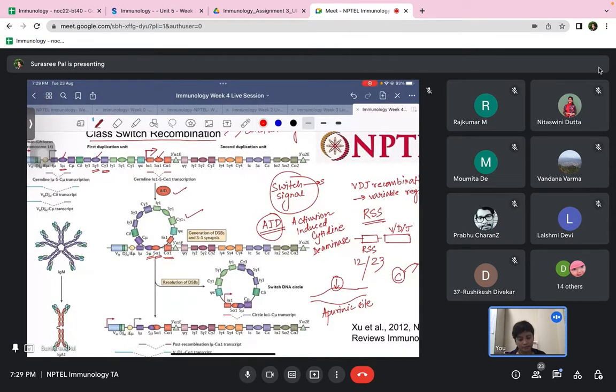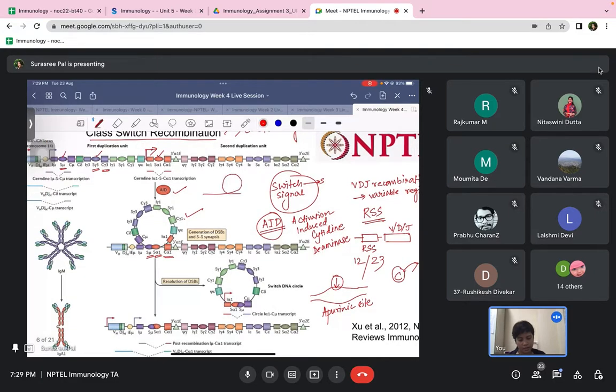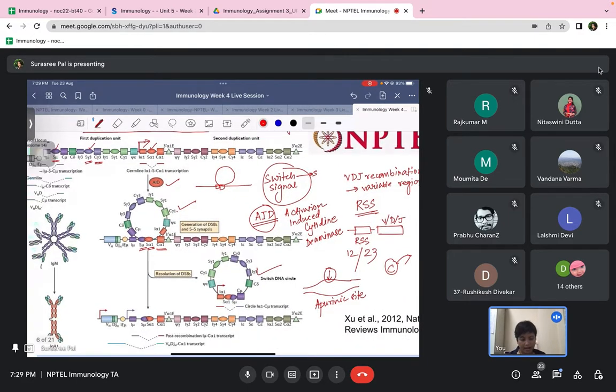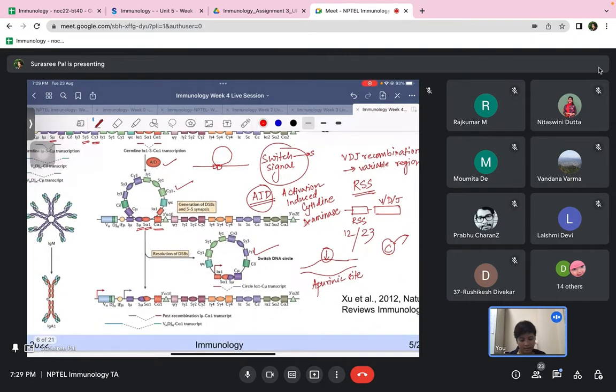Here the switch signals are present, and this intervening loop will be excised, right? So here you can see that this loop is excised out, and then this S mu S alpha 1 recombination is complete, and you can see that this C alpha 1 region is present in this mRNA. So therefore you can see that IgA will be expressed.